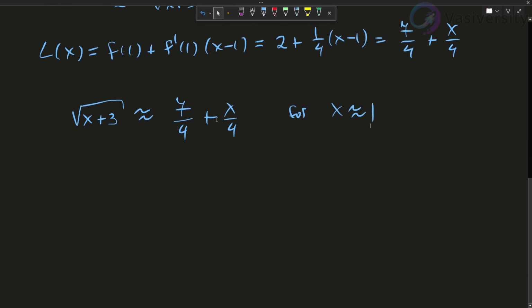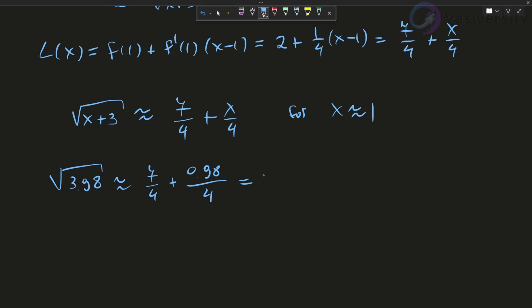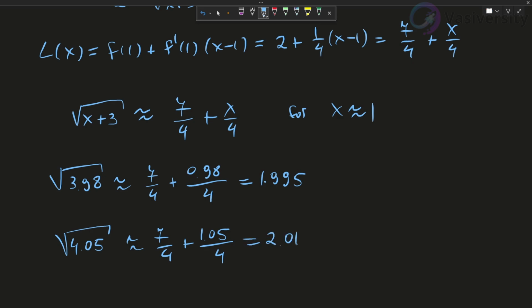So if we evaluate square root of 3.98, that means our x is 0.98, so it's approximately 7/4 plus 0.98 over 4, which is equal to 1.995. And likewise, we can do it for square root of 4.05, which is approximately 7/4 plus 1.05 over 4, which is equal to 2.015.